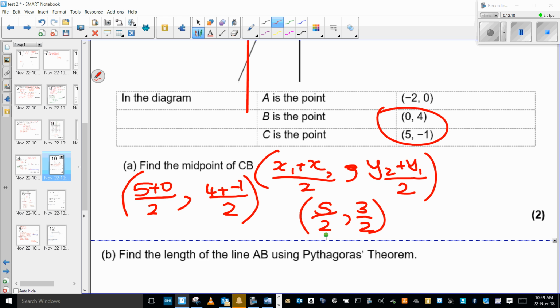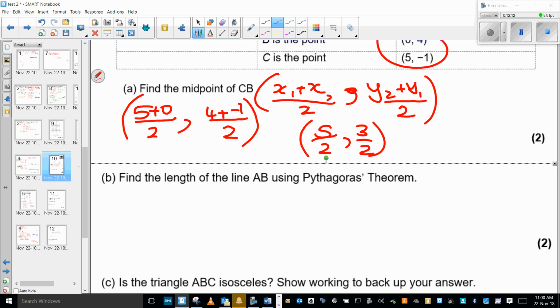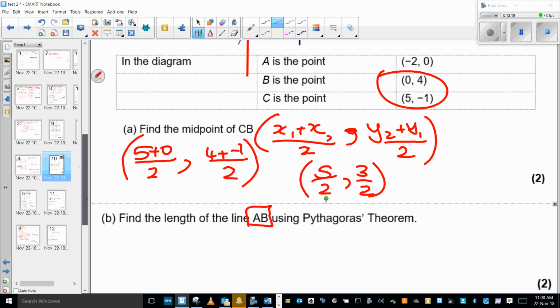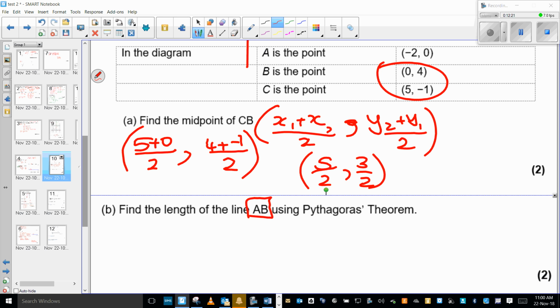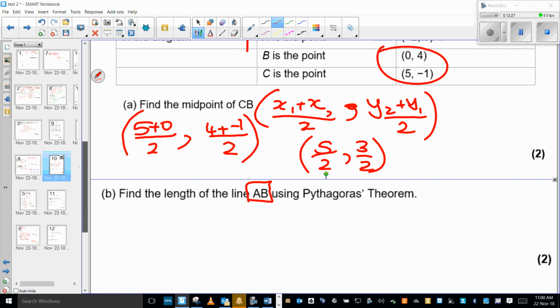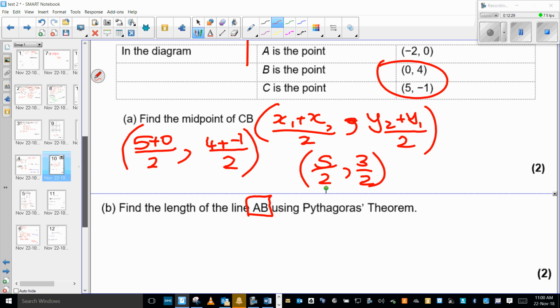Find the length of the line AB. This time it's AB, so you've got to be careful here. Pythagoras: remember, we're trying to find the difference between the x values and the difference between the y's, and square rooting it. AB squared is going to be (negative 2 take away 0) squared plus (0 take away 4) squared.